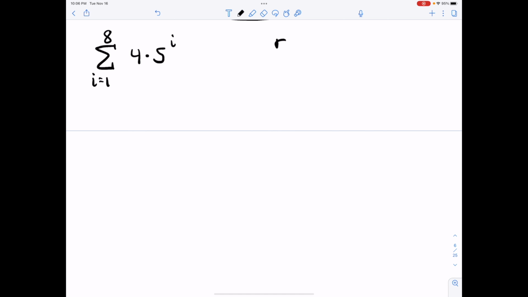Your r is 5, because that's what keeps getting multiplied more and more as i increases from 1 to 8. Your initial term would be 4 times 5 to the first, which is 20. And then your n is 8. So really, you're finding s sub 8.